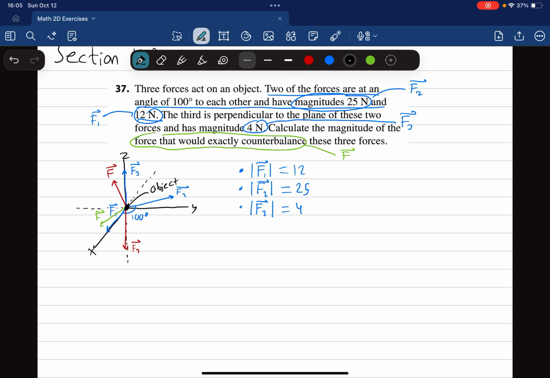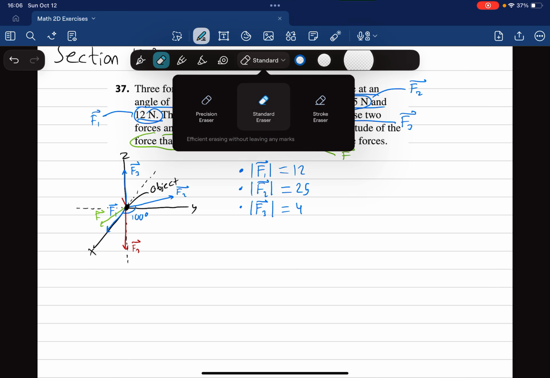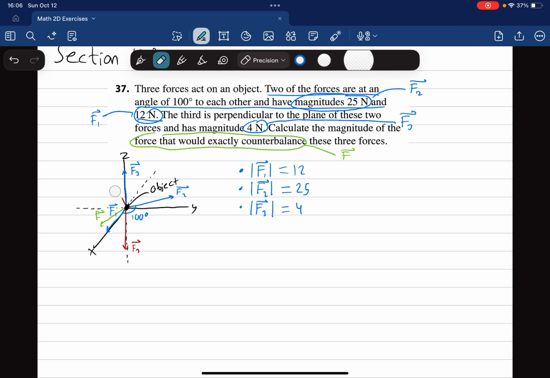And so what it would mean for our force F here to counterbalance the other three forces in our diagram, and just to make sure we're clear, let me erase these other smaller possibilities. Let me just erase these for now, and I'll remind us of that possibility later on. Okay.